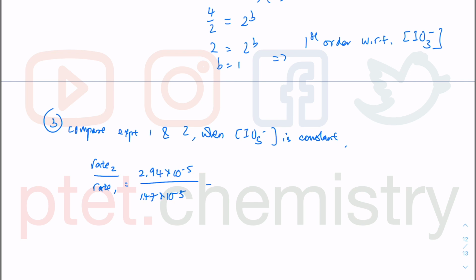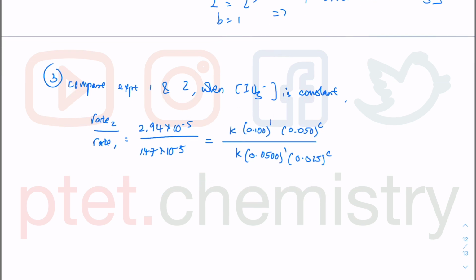And then that is equal to K for experiment 2, to the power of 1. That's the H2O2. And the concentration of IO3 minus is constant, so I don't really have to key it in because I know it will cancel out. So I just key in the concentration of H plus to the power of C. For experiment 1, there is 0.0500 to the power of 1, and then 0.025 to the power of C.